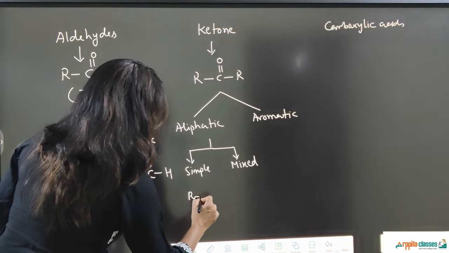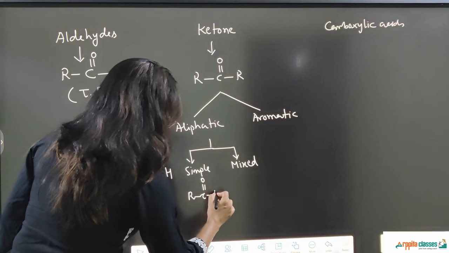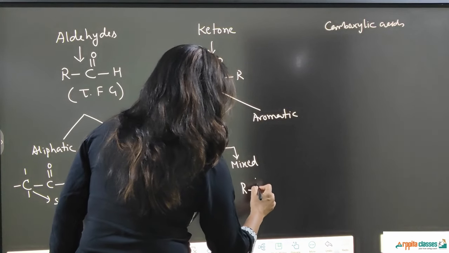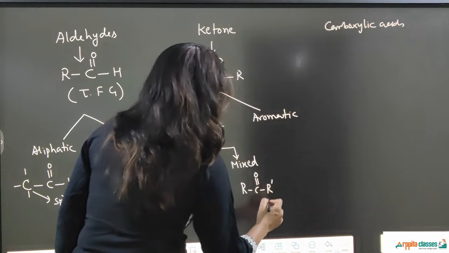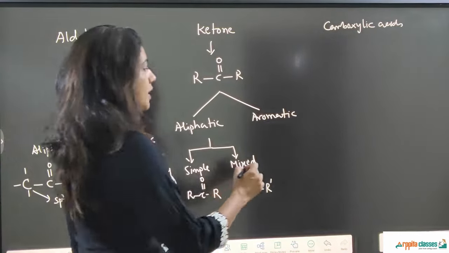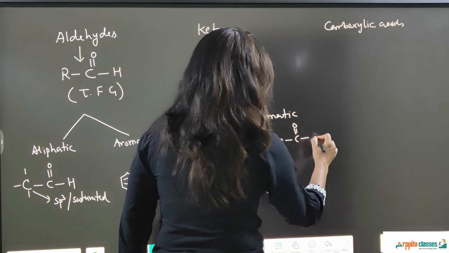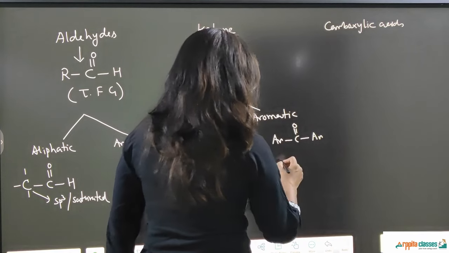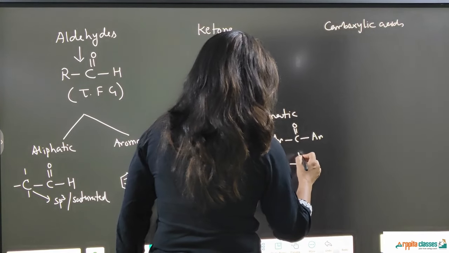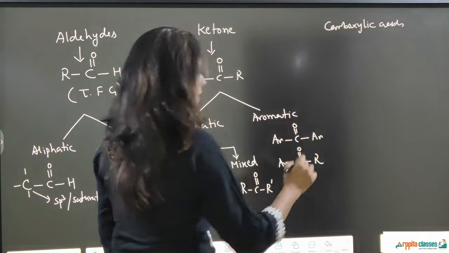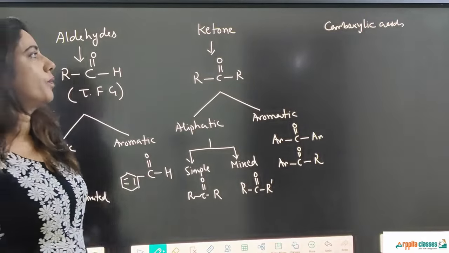Simple ketones are where the alkyl groups are the same, mixed ketones where the alkyl groups are different. Aromatic ketones are where the ketonic group is attached either to both aromatic rings, or to one aromatic and one aliphatic group. They are called aromatic ketones.